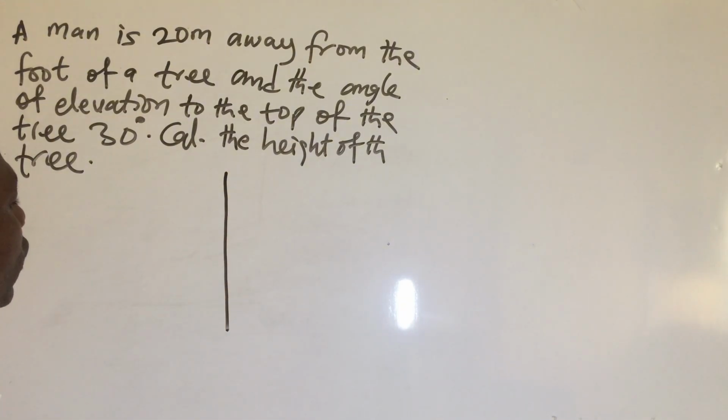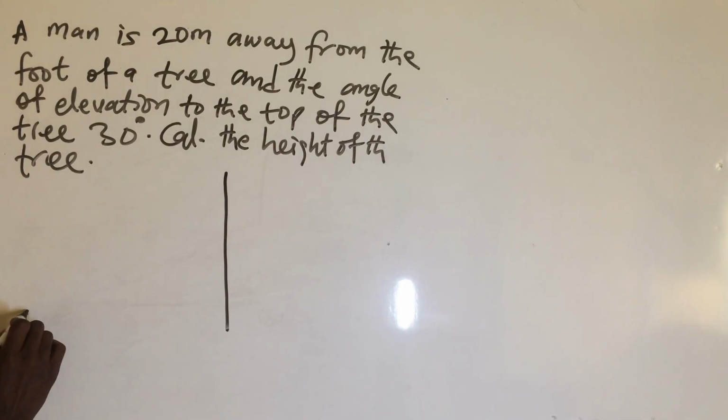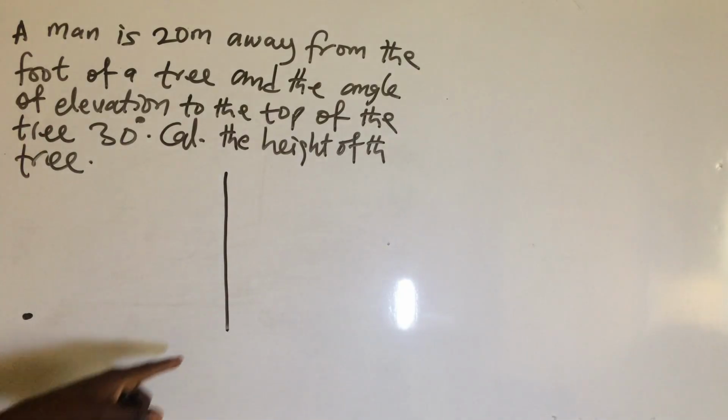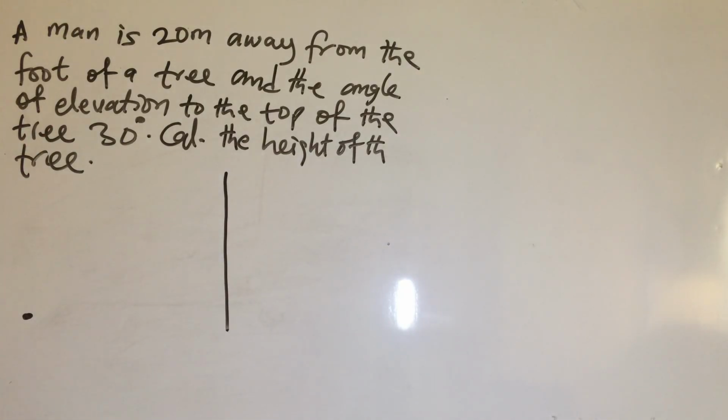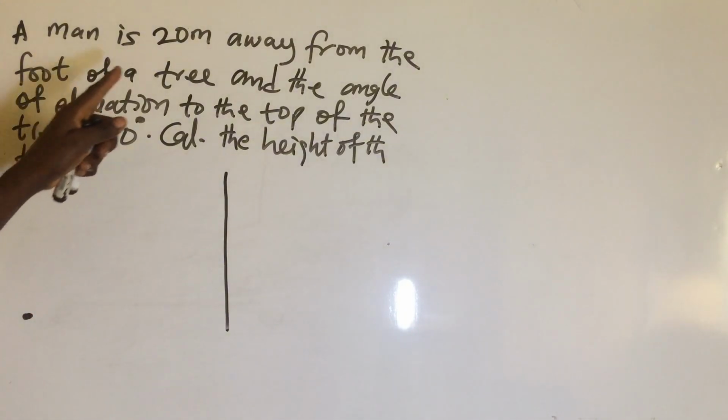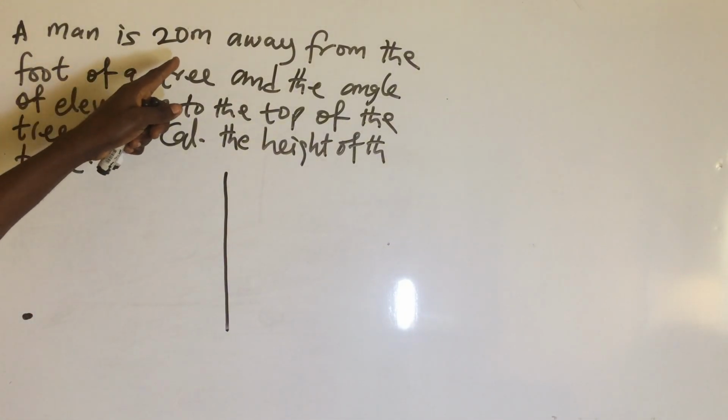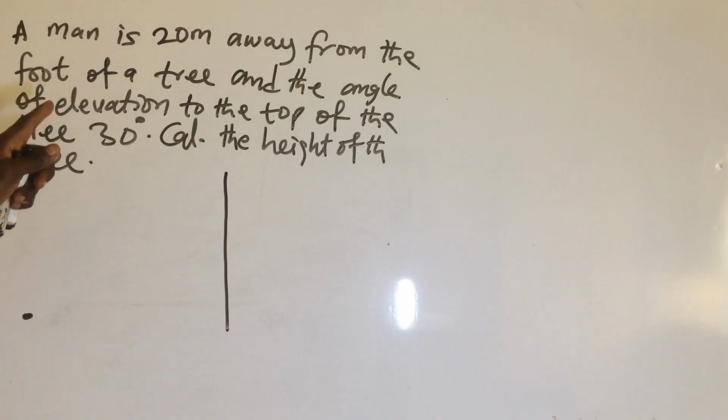This is the height of the tree. This is the tree we are talking about, and this is the observer, the point of the man observing the tree. The question says the tree is 20 meters away from the man.